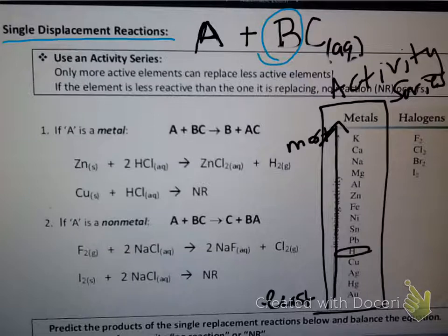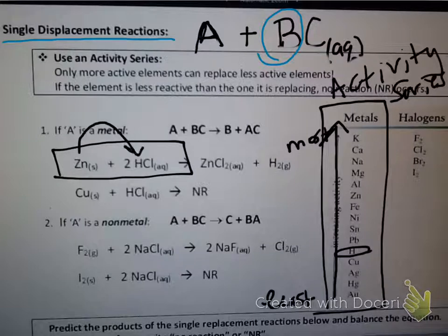Now, if we looked at this reaction and I asked you to predict whether or not zinc would replace hydrogen in this chemical reaction, you would say, let me check the activity series. The question you would ask is, is zinc more active than hydrogen? So here's zinc on the activity series, and here's hydrogen. Zinc is higher up than hydrogen on the activity series.